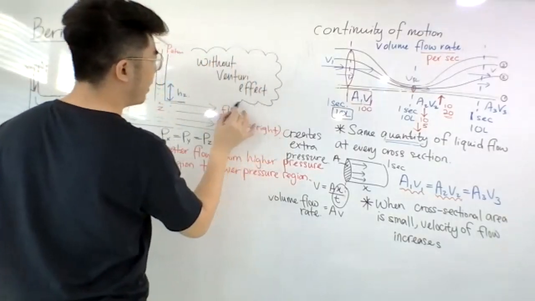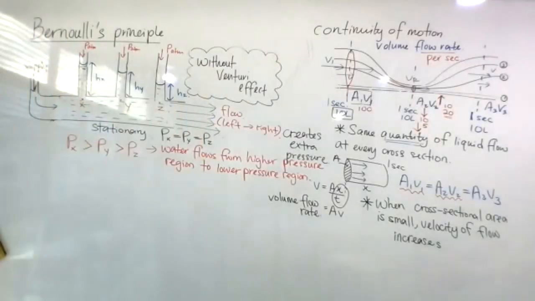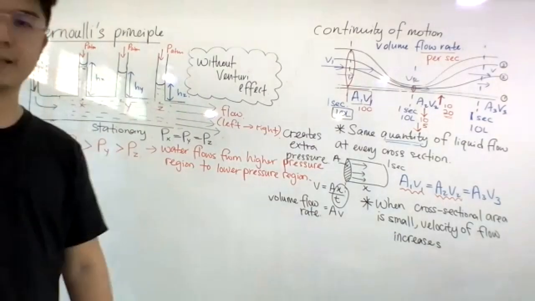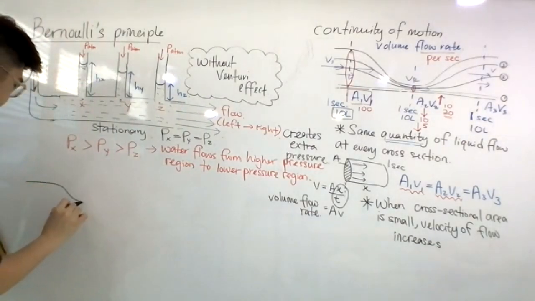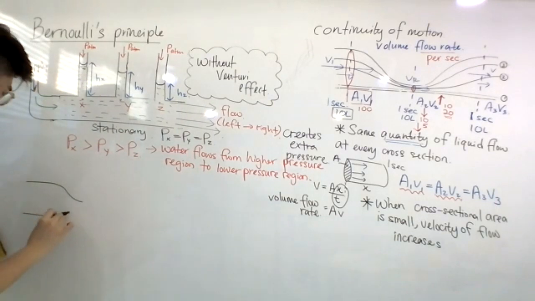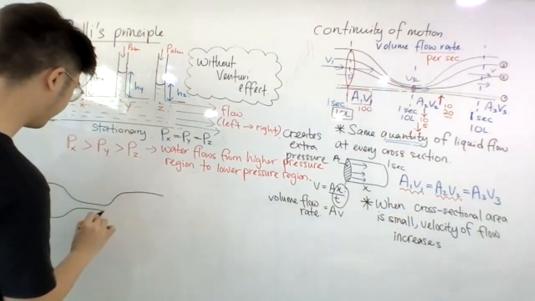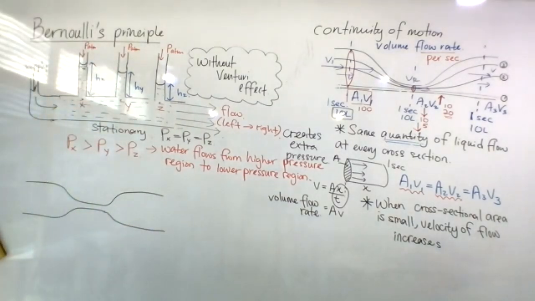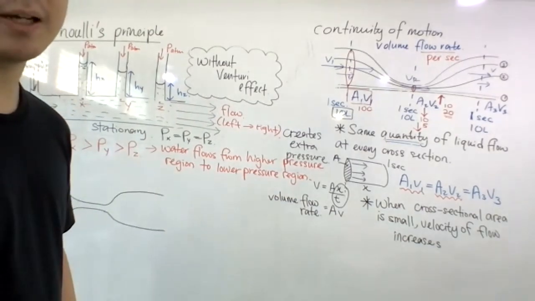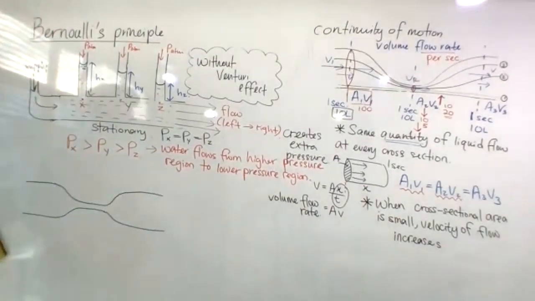Now let's see what happened with the Venturi effect. Okay, if I use a Venturi tube. Now I will make my water tunnel like this. At first it has a certain cross-section, and then it is constricted here, and then increases again, such that the cross-sectional area on the left and the right side are the same, but the middle section is constricted.